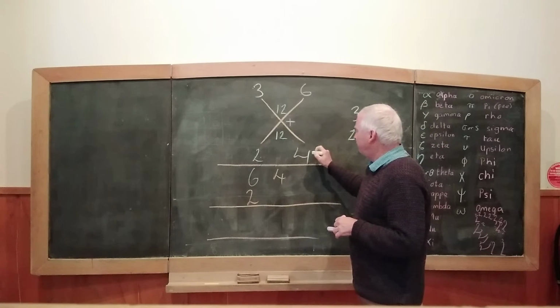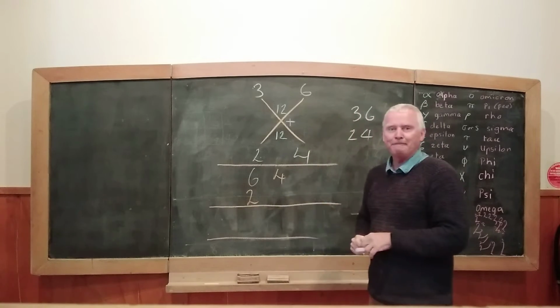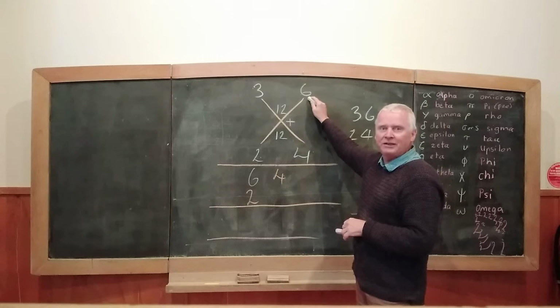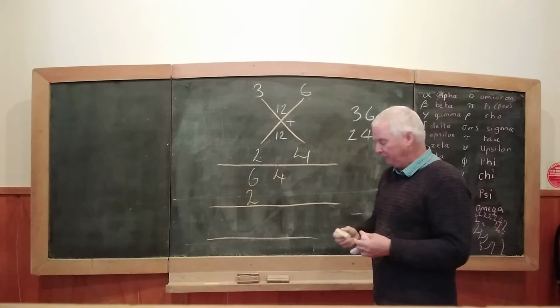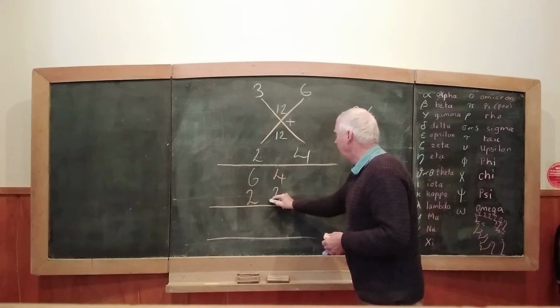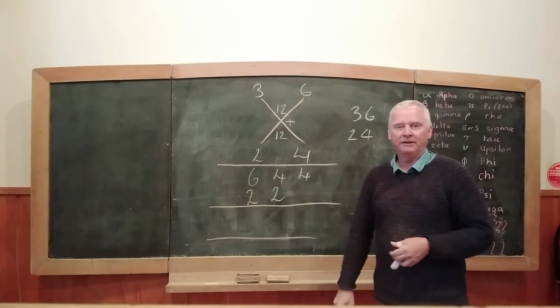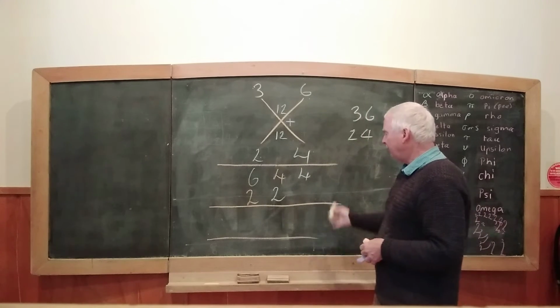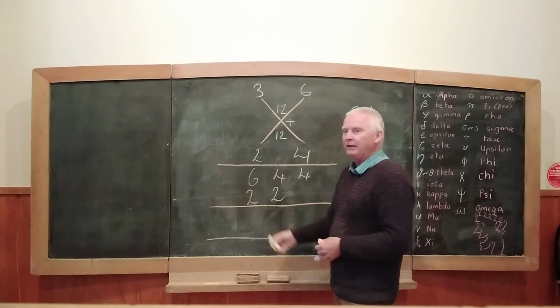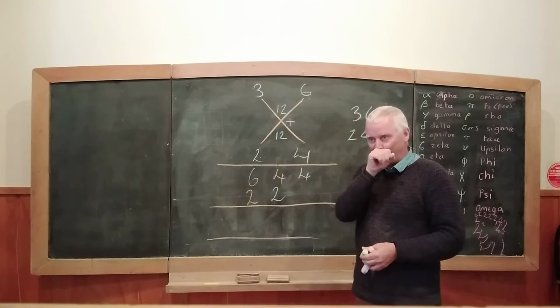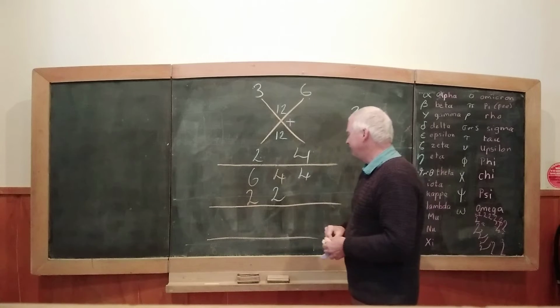Now, so 24, can you see that? 4 times 6, that is also 24. And we put 24 again, as such. Now, we can add from right to left, but what we'll do is we'll go from left to right.